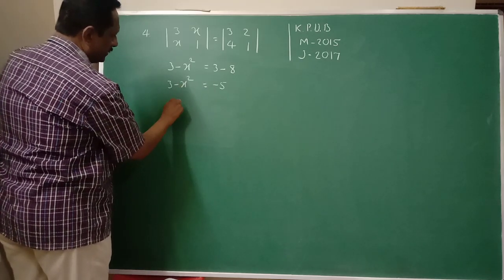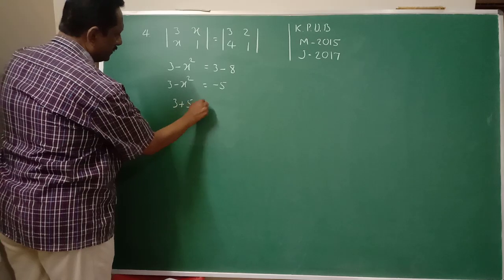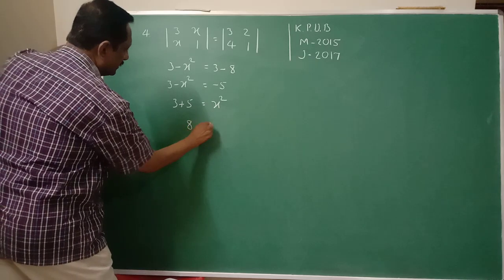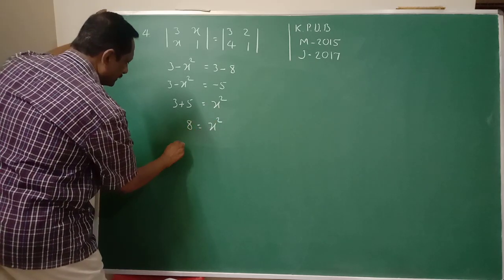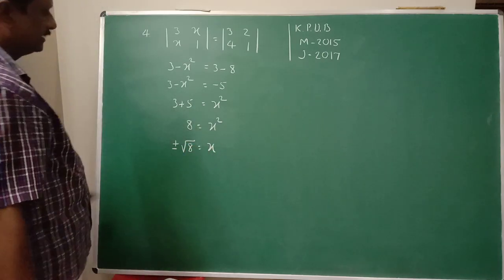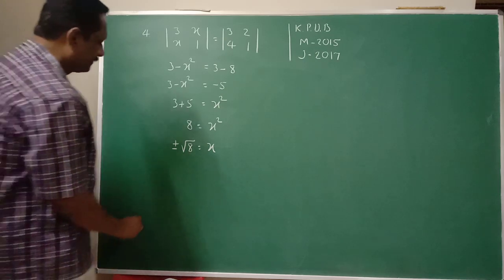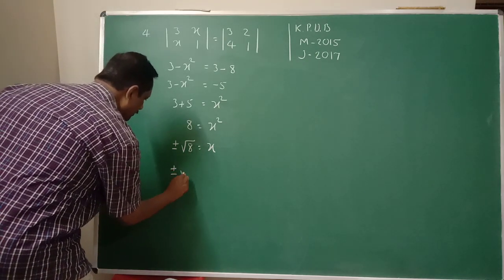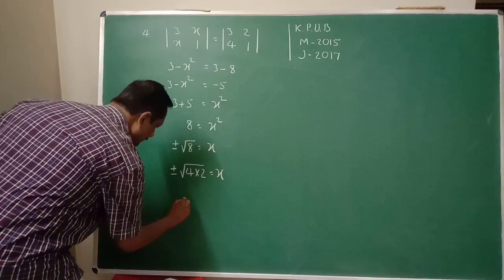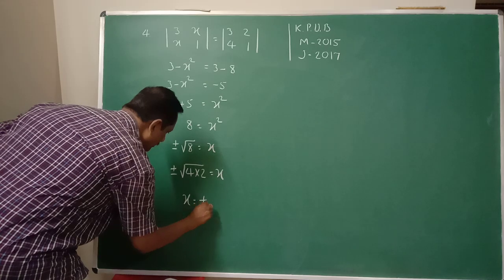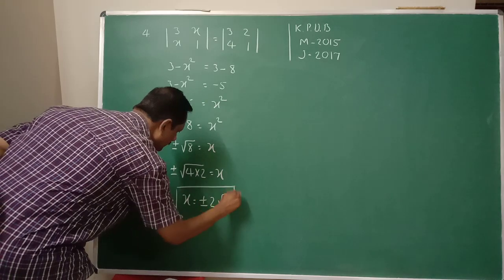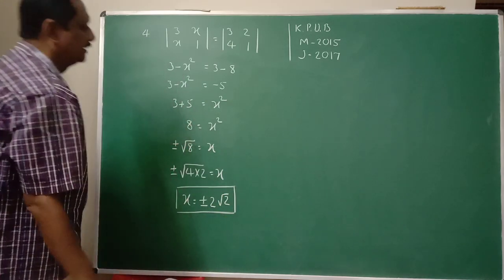Hence 3 plus 5 is equal to x square. 5 plus 3 is 8, so 8 is equal to x square. Hence plus or minus root 8 is x here, and it can be written as 4 into 2. Therefore plus or minus root of 4 into 2 is equal to x. Hence x is equal to plus or minus square root of 4, which is 2, into root of 2. So x is plus 2 root 2 or minus 2 root 2 here.